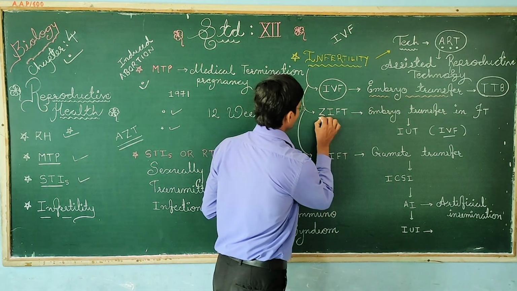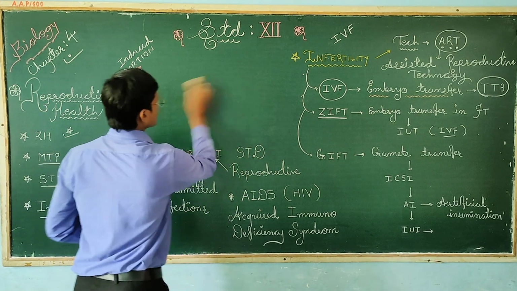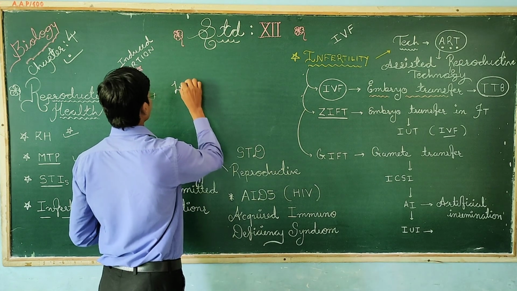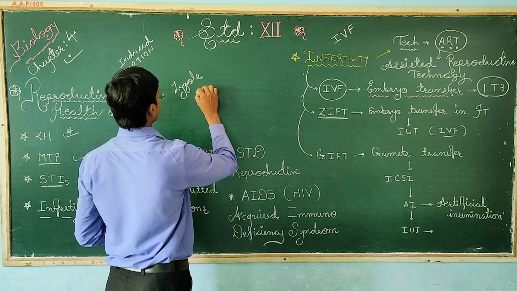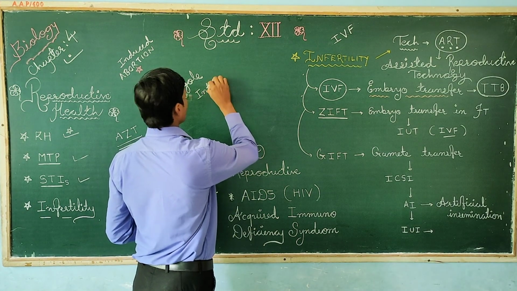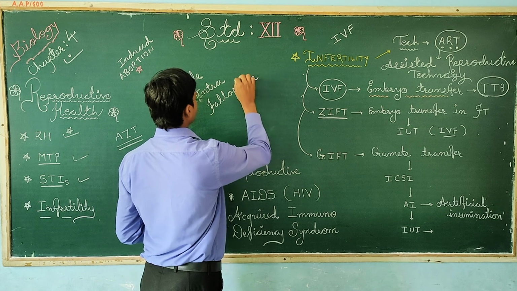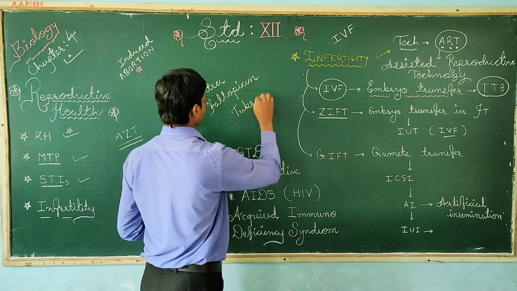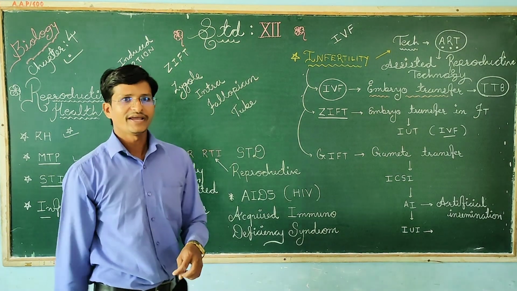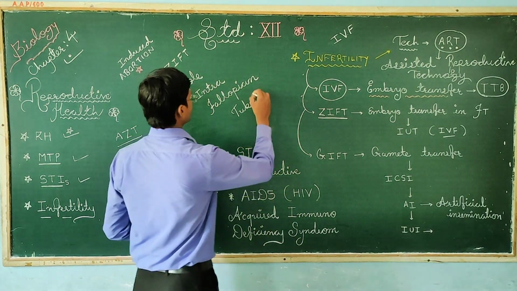Here, the method I am talking about is ZIFT, that is zygote intra-fallopian transfer, or tube transfer.